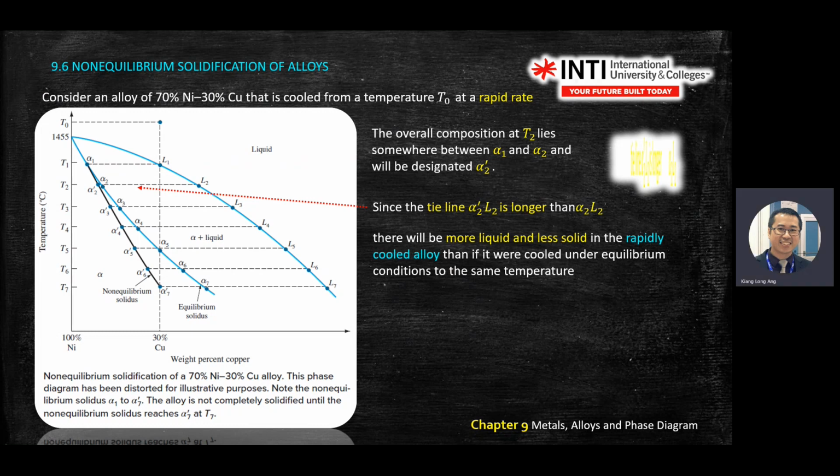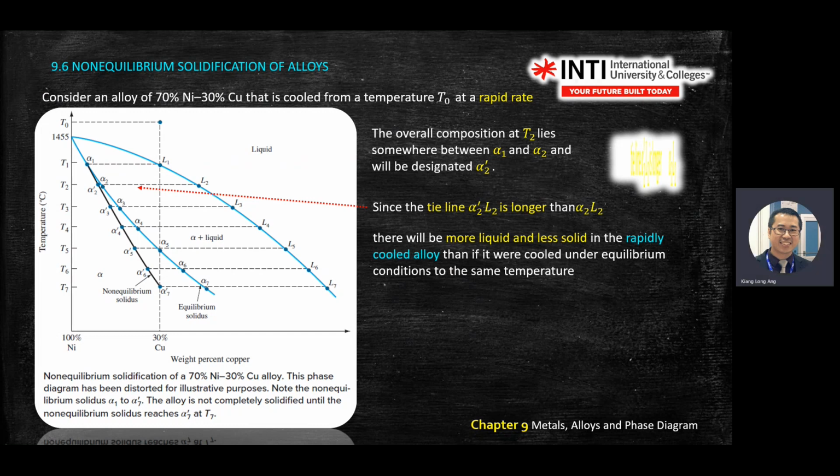The blue line, alpha 2, and then the black line, somewhere here, a bit higher here, alpha prime 2. Until the other side of the blue line or equilibrium line is here, L2.